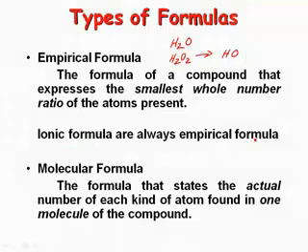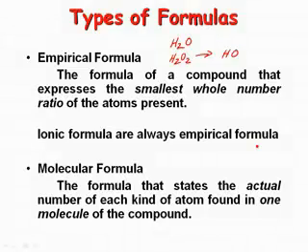Ionic formulas are always empirical, just by the way that we defined a formula unit for an ionic substance. The formula unit is the smallest ratio of the elements in the substance that defines what the substance is. So formulas for ionic substances are always going to be empirical. A molecular formula is the formula of the substance as it exists in nature.